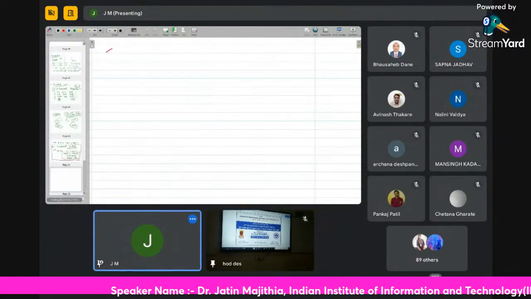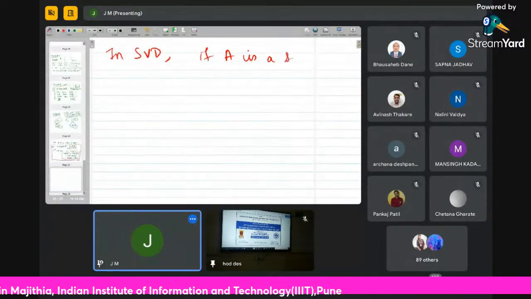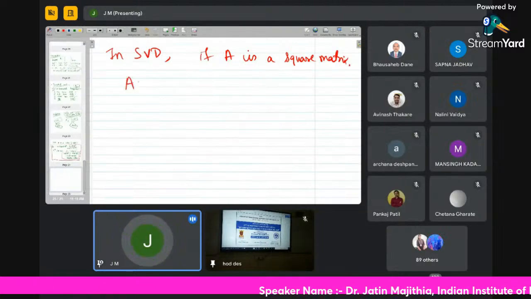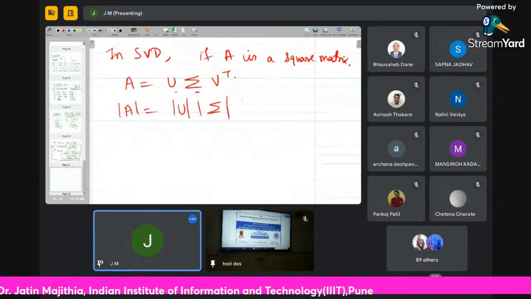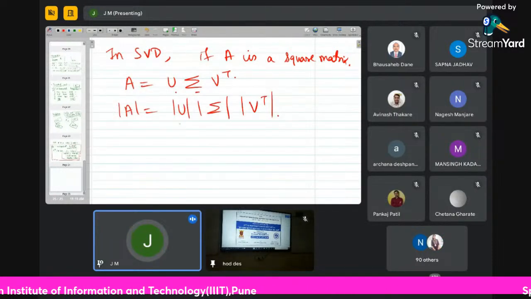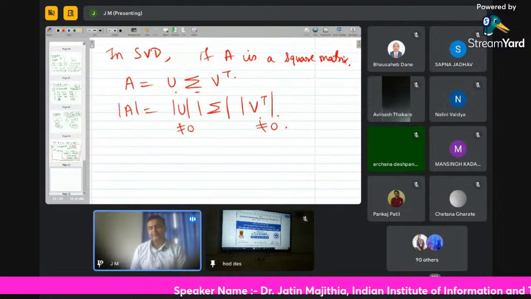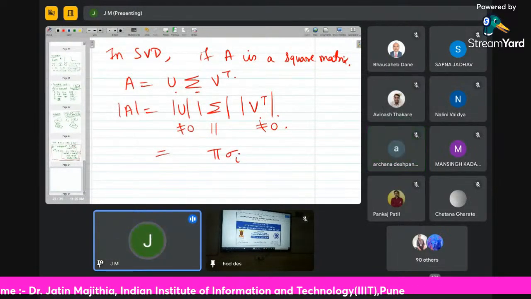In SVD, if my A is a square matrix, then A is U sigma V transpose. Now the determinant of A is the determinant of U, determinant of sigma, determinant of V. U and V being orthogonal matrices, their determinants are always non-zero, so it comes down to the product of singular values.